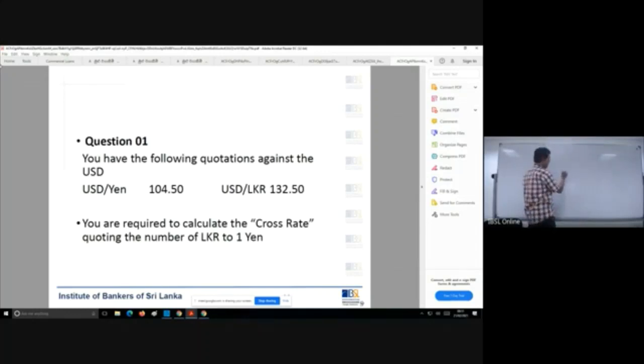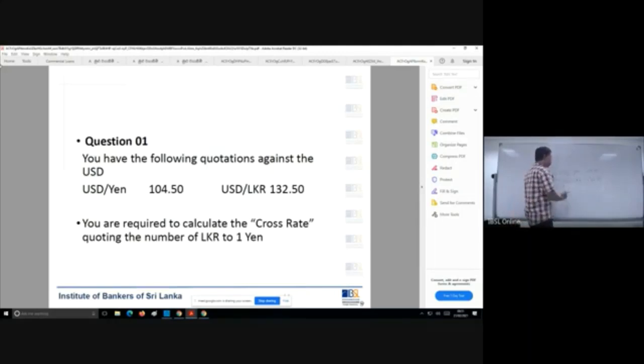Now say USD yen says 104, and here USD LKR says 132. Direct. So if it is direct, which one did we learn? The same scenario you have to apply.